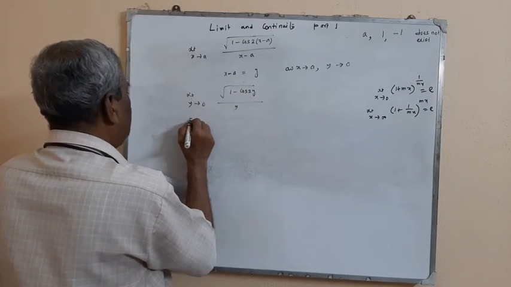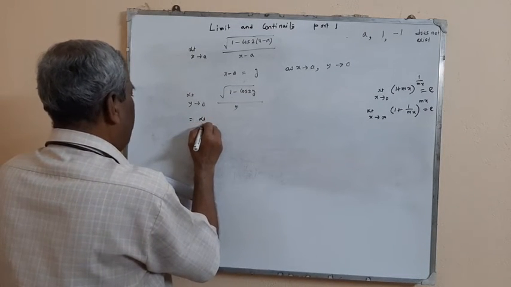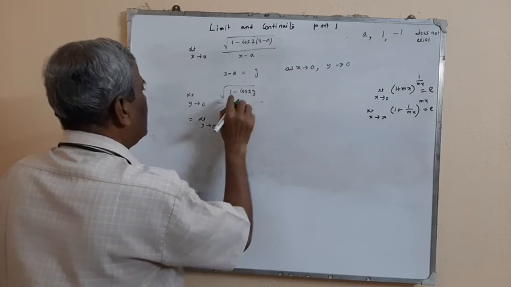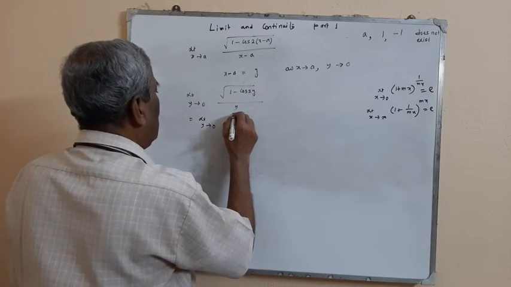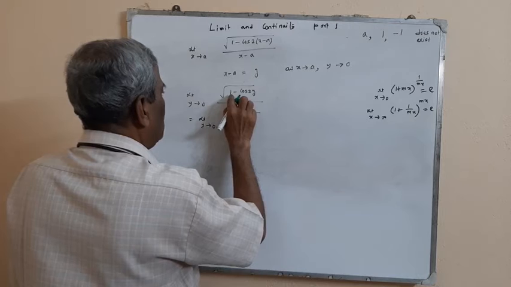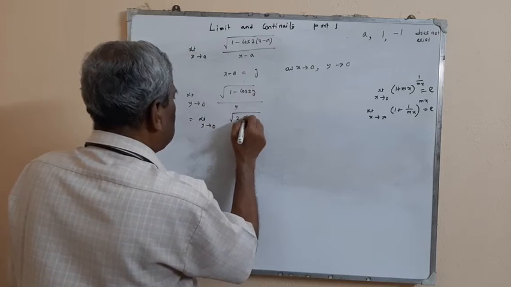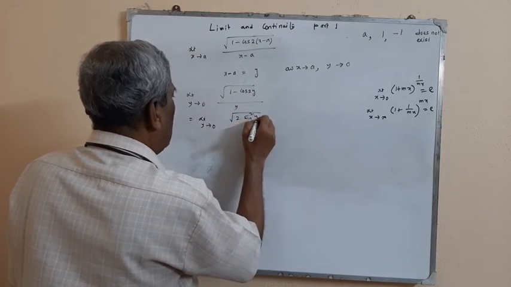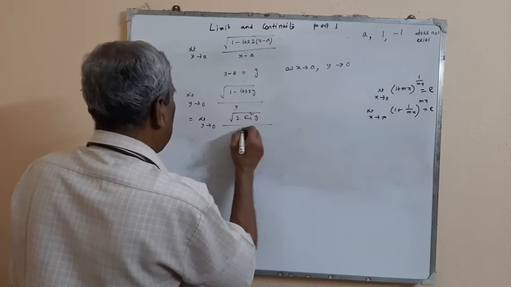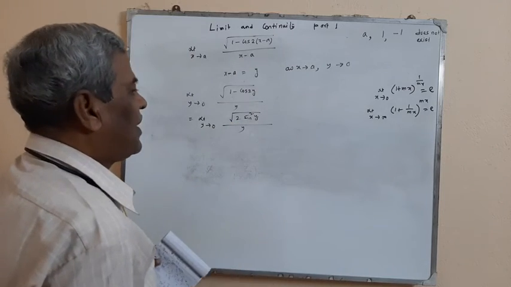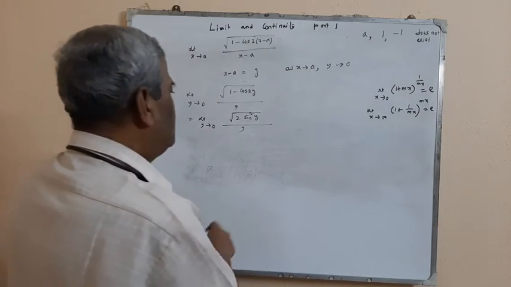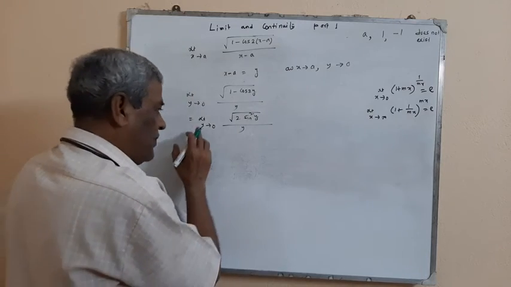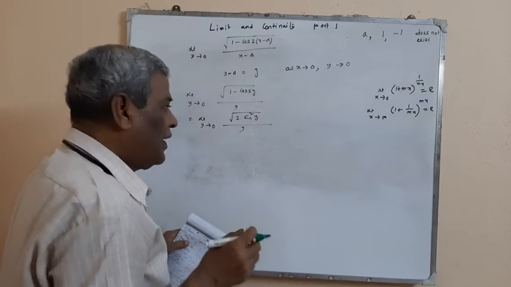It is equal to limit y tends to 0 of root over of 2 sine square y, divided by y. Now you see y tends to 0.